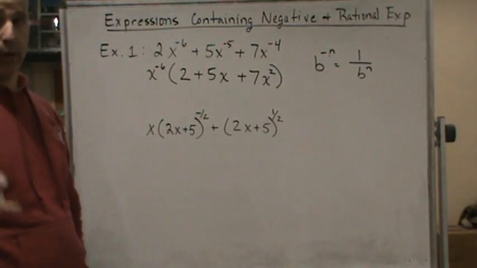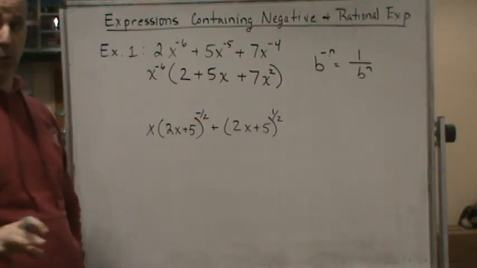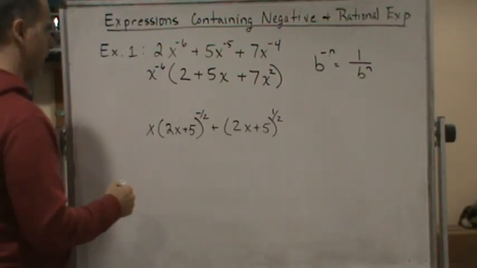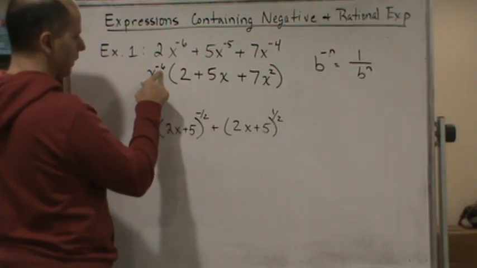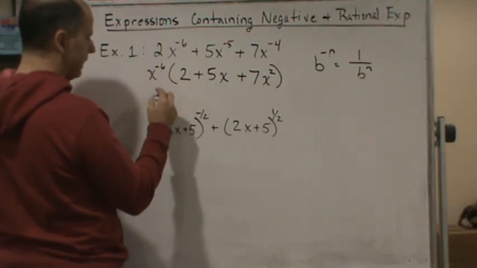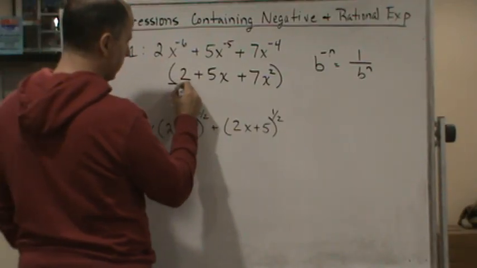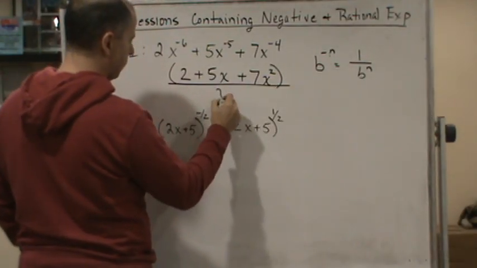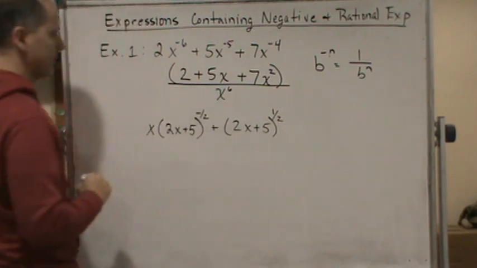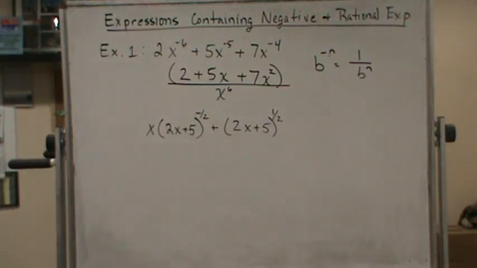So we can always put it in either the denominator or the numerator to make it positive. So in this case here, since we're in the numerator and this is a negative, we're going to write this in the denominator and make the exponent positive. So this would be over x to the 6. And then that would be our final answer.